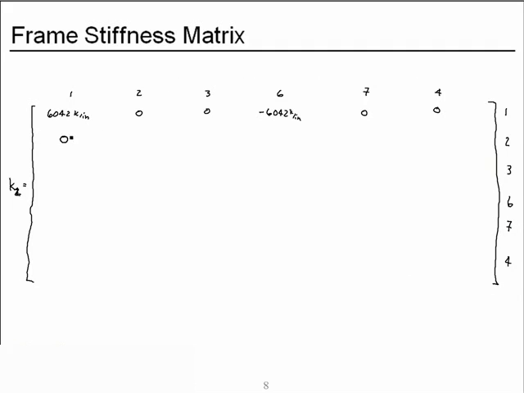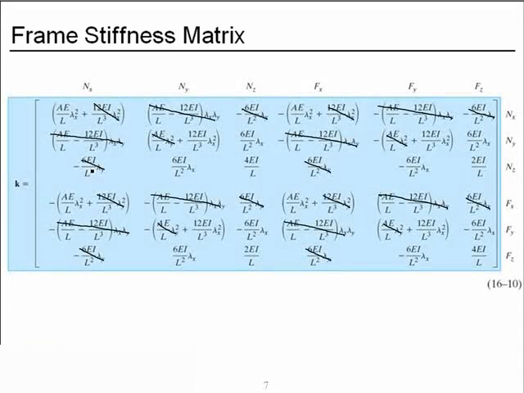So we have 0, 81.6 kips per inch, 58.74 kips, 0, minus 81.6 kips per inch, and a positive 58.74 kips.